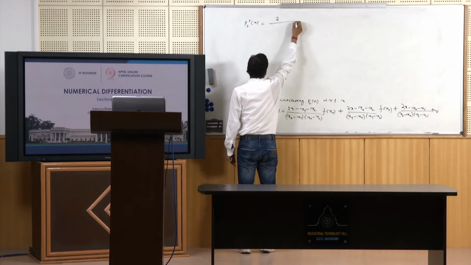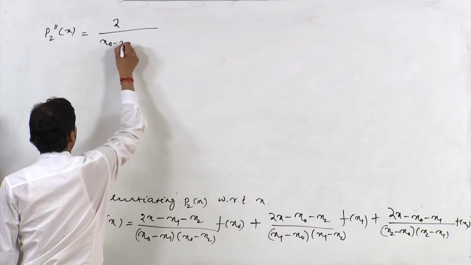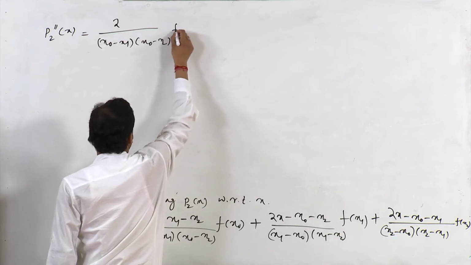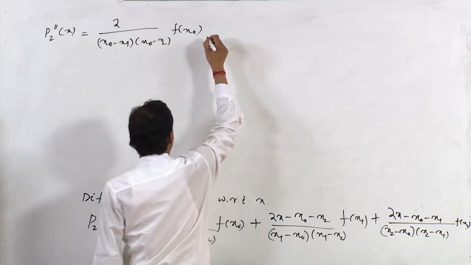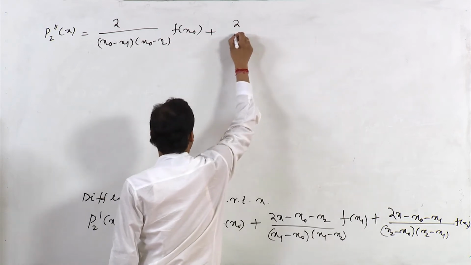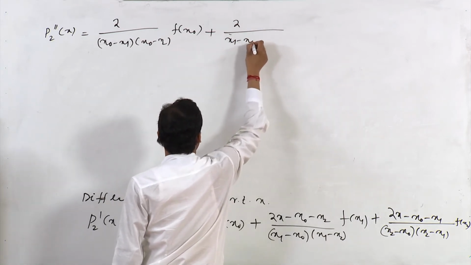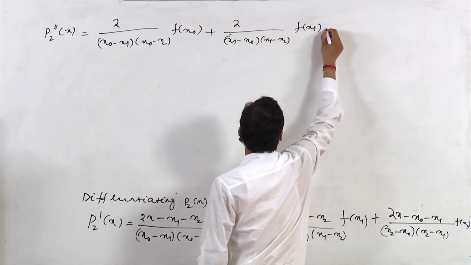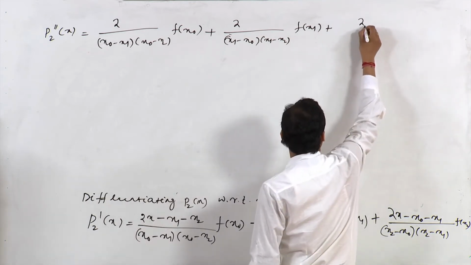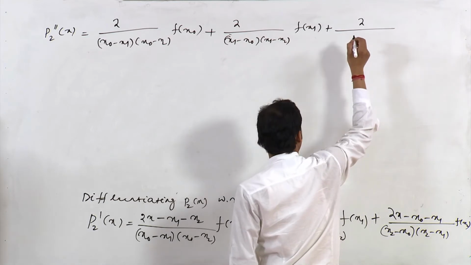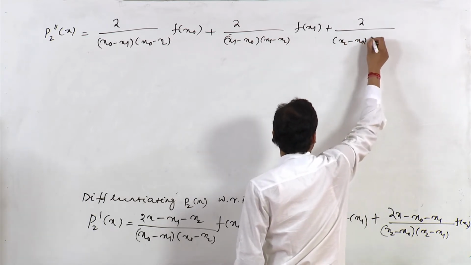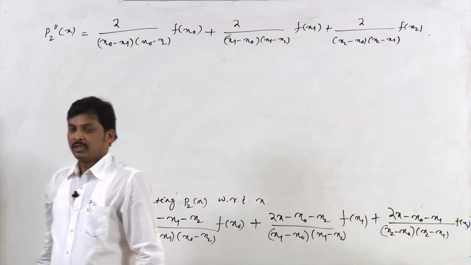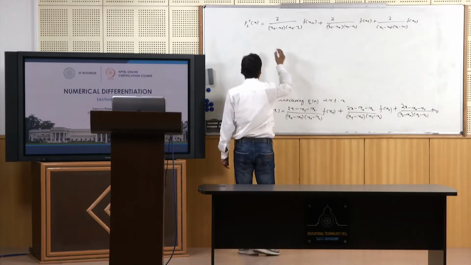So, 2 by (x0 minus x1)(x0 minus x2) into f(x0), plus 2 by (x1 minus x0)(x1 minus x2) into f(x1), plus the last term, with one more differentiation, it can represent the term (x2 minus x0)(x2 minus x1) into f(x2) here.